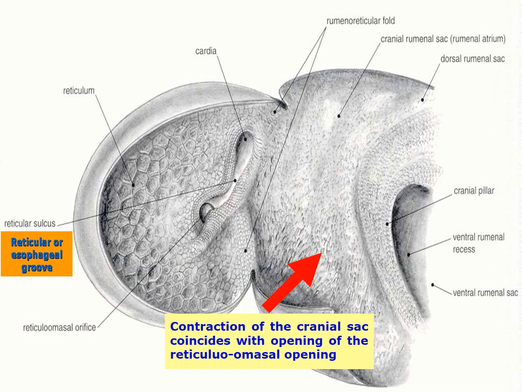Now, with this canal, especially in the newborn animal, bypassing the milk from the esophagus all the way to the omasum through the reticulum and then the omasum and then the abomasum is easier compared to regular food when it passes from the esophagus to the rumen and then to the reticulum and omasum.